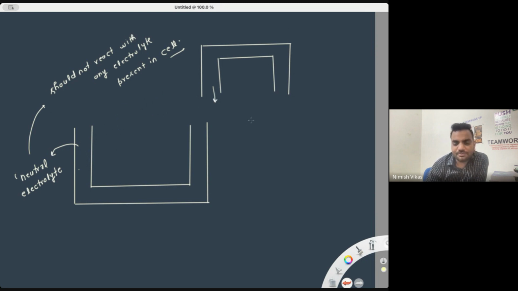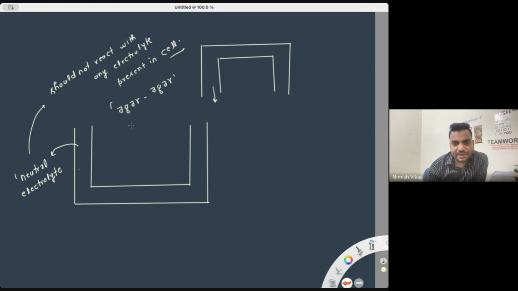And how to hold the electrolyte inside this glass tube? For that, we want to hold the entire electrolyte inside this glass tube without electrolyte getting outside this glass tube. We use one substance. Its name is agar agar.